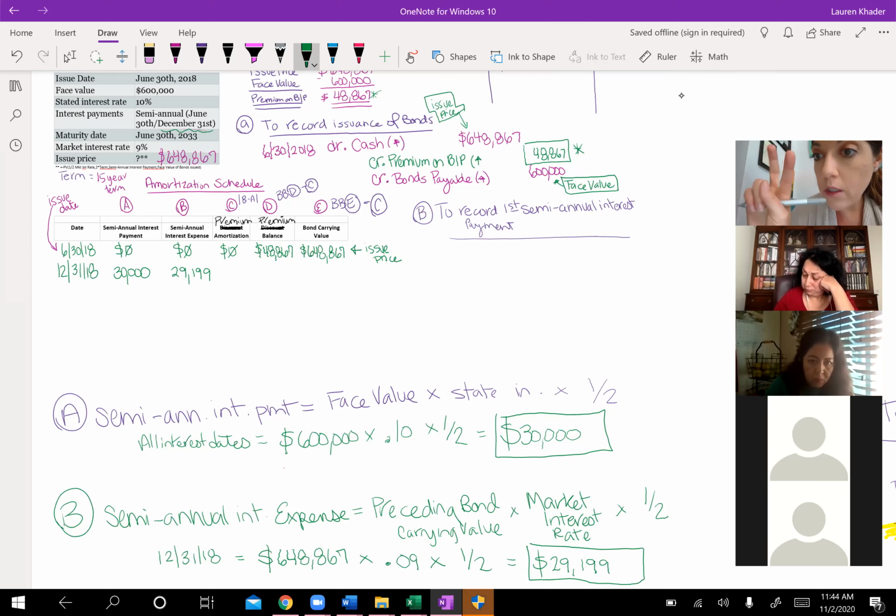We want positive numbers, the difference between the amount of interest expense we record and the amount of interest that we will pay. So what's 30,000 compared to 29,199? 801. $801 in amortization.